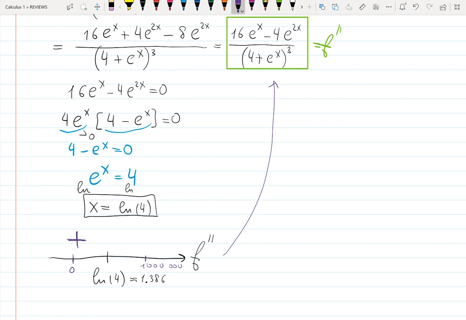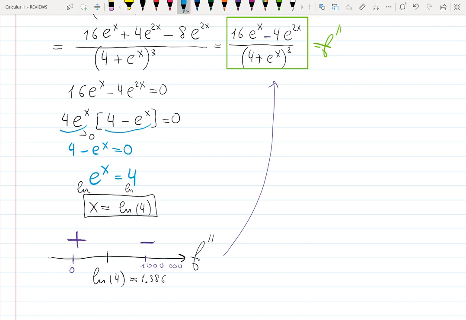Then I just want to point out the denominator is always positive, so we just need to look at the numerator sign. At a million, e to the 2x will grow faster than e to the x, so e to the 2x at a million will be much bigger. That's why the negative sign will make the second derivative negative.